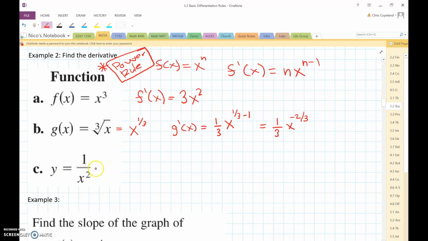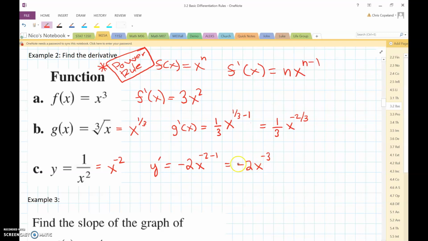Okay, part C. y equals 1 over x squared. So I would rewrite this as a power, so I would rewrite this as x to the negative 2nd power. Then you could apply the power rule. So y prime would be negative 2x to the negative 2 minus 1, so this would be negative 2x to the negative third power.